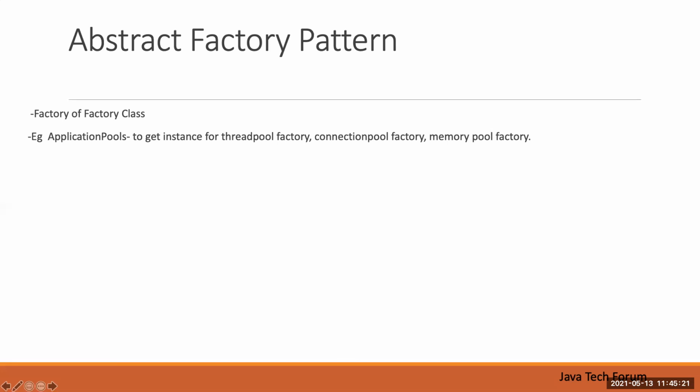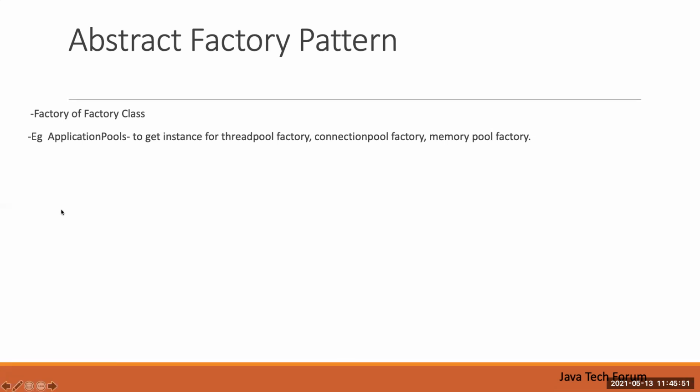The second one is the abstract factory pattern. It's the same as the factory pattern, but abstract factory means one more level of hiding. It's a factory of factory classes. In my previous example, Executors is a factory of thread pool objects.